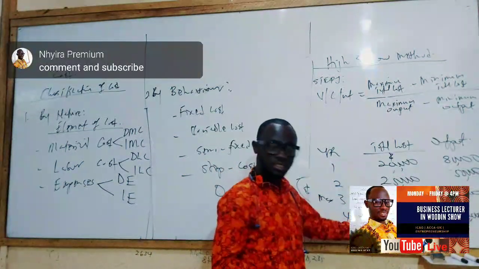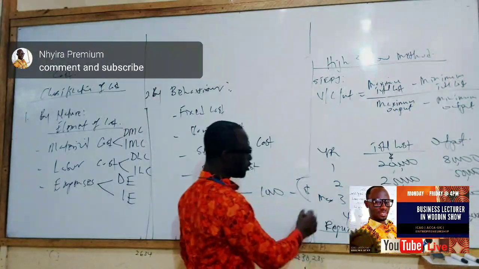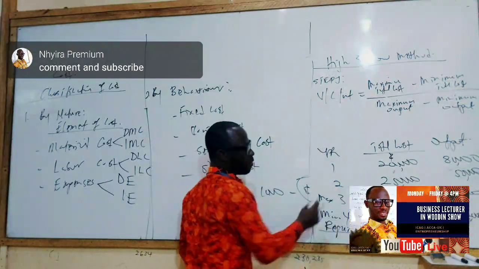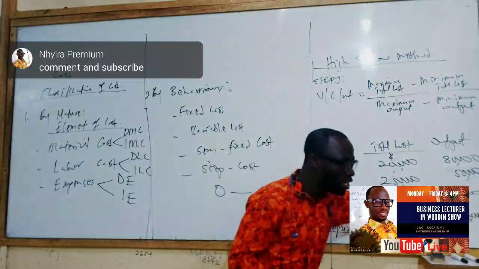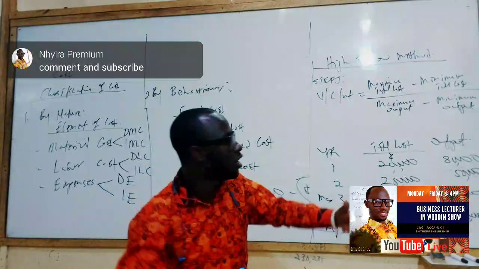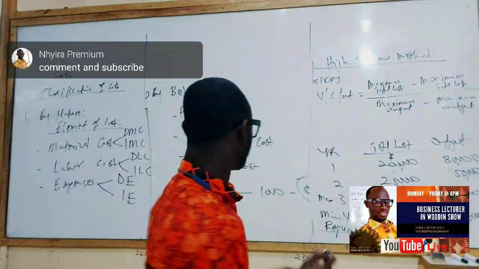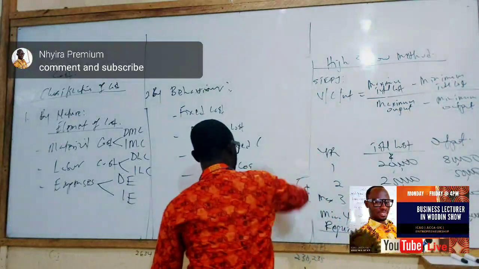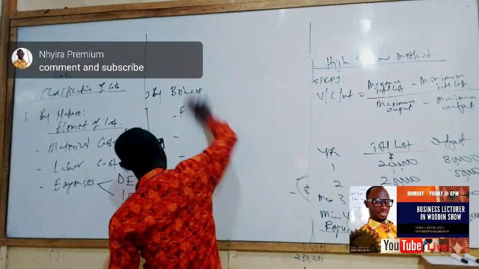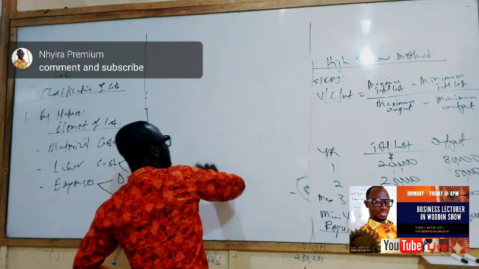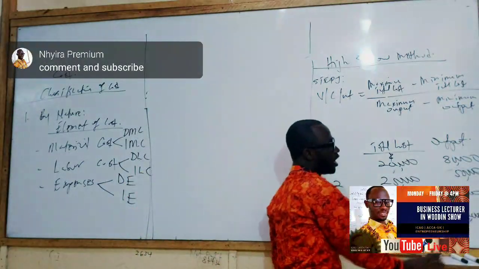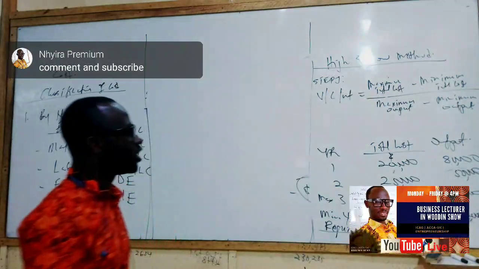The minimum here is 82,000. So year 2 becomes the minimum. So we're going to be using these 2 years as the benchmark to calculate the variable cost per unit. So that is step 1 in relation to the computation.